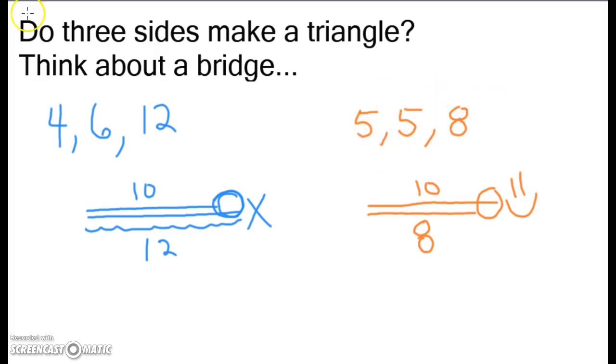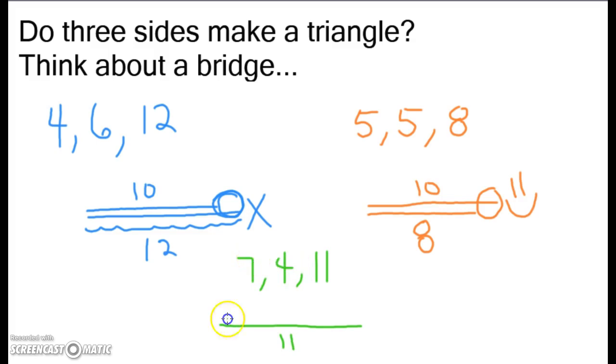Now, the one scenario that we need to think about that's a little weird is if we had, let's do 7, 4, and 11. In this situation, 11 is the biggest, so 11 is going to be the water. What is 7 plus 4?